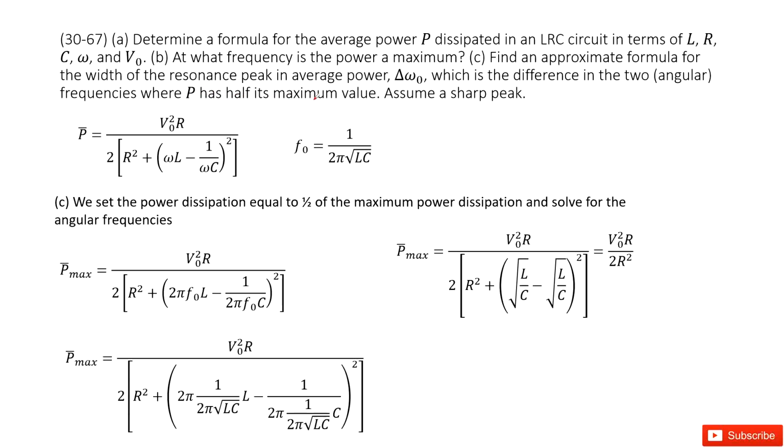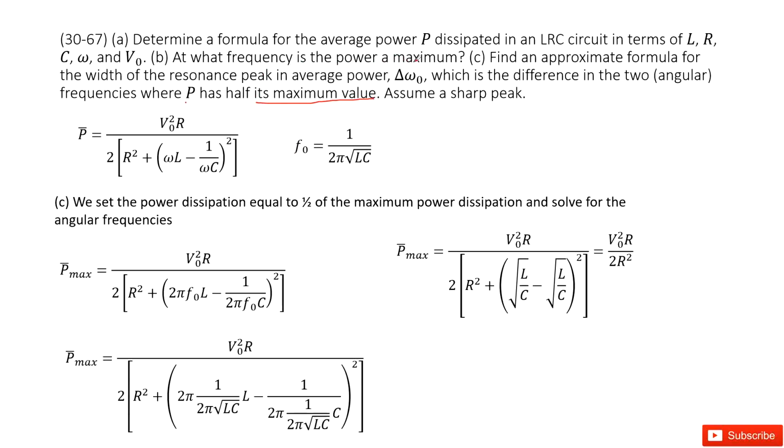It looks a little bit difficult, but I think we can work it out together. So the question asks for the difference in the two frequencies where P has half its maximum value. So first, let's find its maximum value. Its maximum value occurs when the frequency is at the resonant frequency.